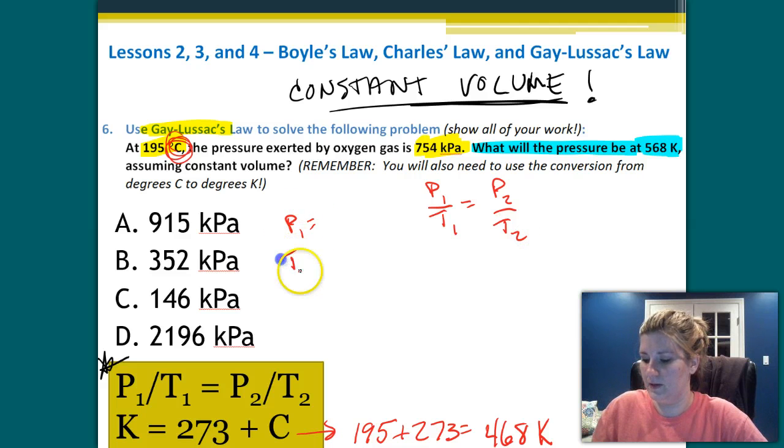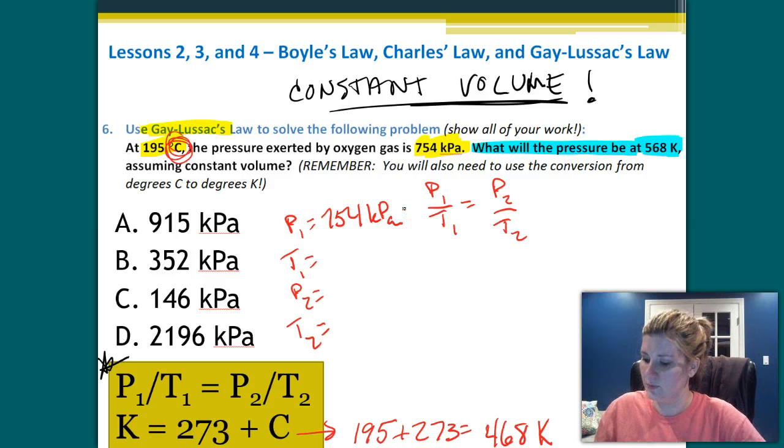P1, T1, P2, and T2. Our first pressure is 754 kilopascals. First temperature we solved for, 468 Kelvin. Second pressure we don't know. And second temperature is 568 Kelvin.